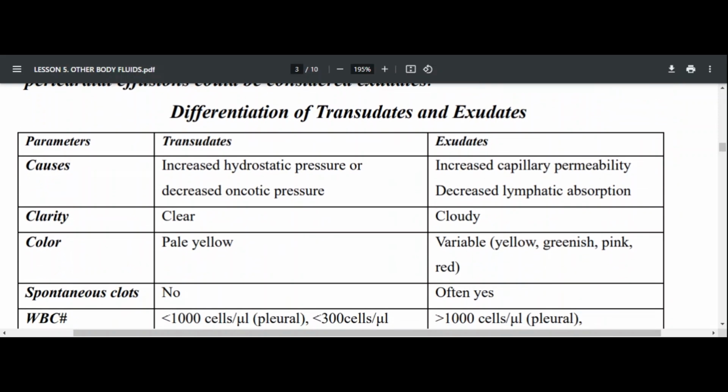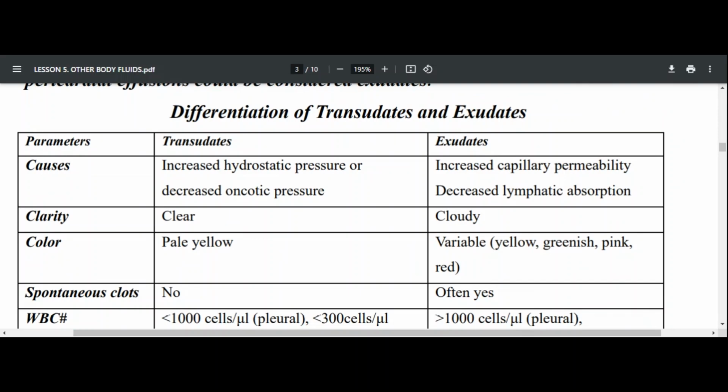Now, the parameters that we normally consider to differentiate between transudate and exudate, we are going to look at them one by one down here. The causes of transudate and exudate can be different. For example, transudate can be caused by hydrostatic pressure, whereas exudate can be associated with capillary permeability or decreased lymphatic absorption.